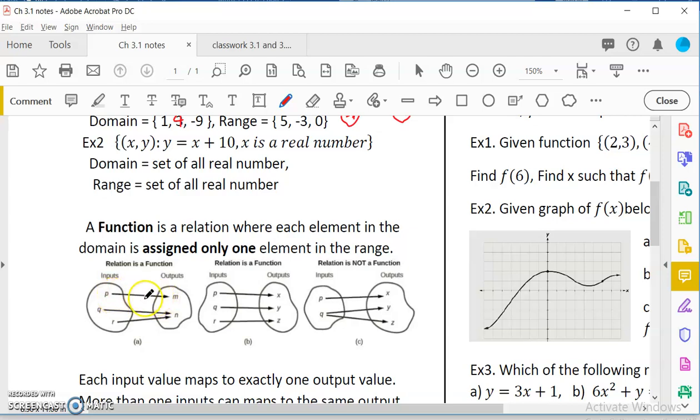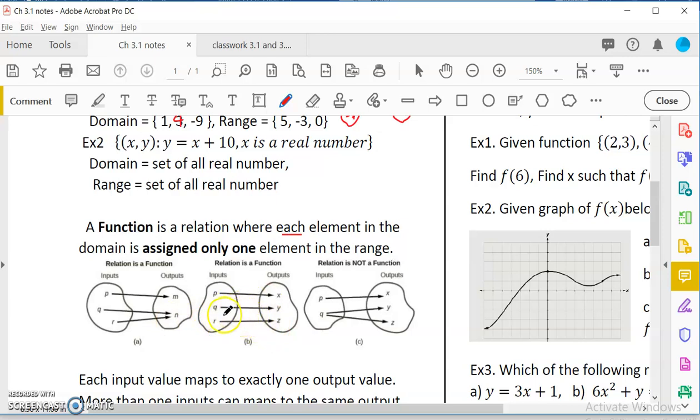So this is a function. Although Q and R share the same output in the range, it's still a function because the requirement is to assign only one element in the range. Each one of them has one element. You don't have to have a unique element, just one is fine.